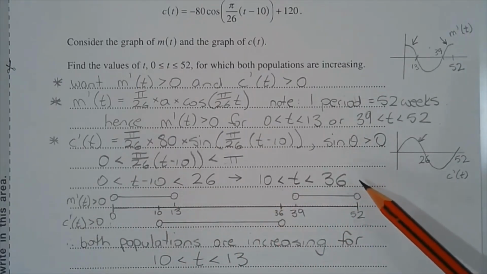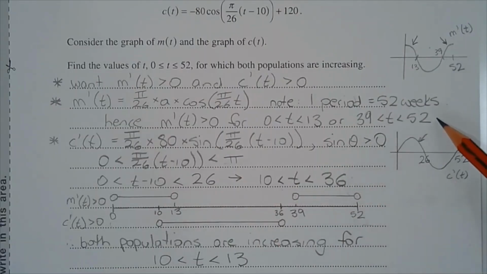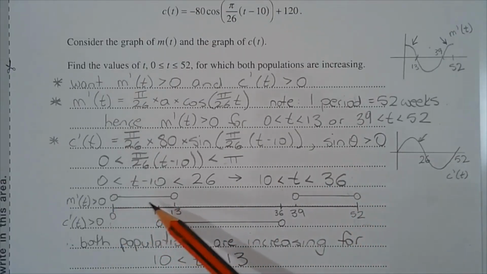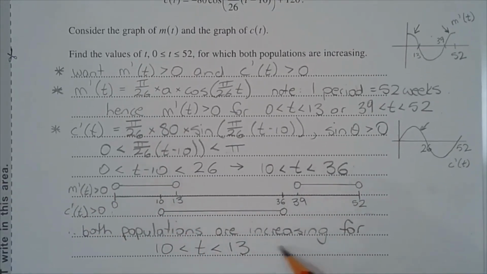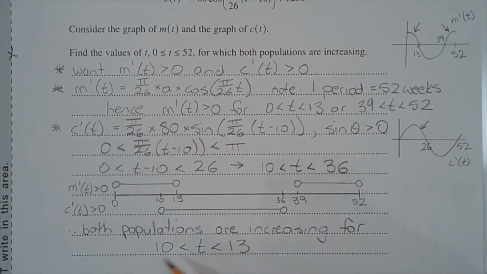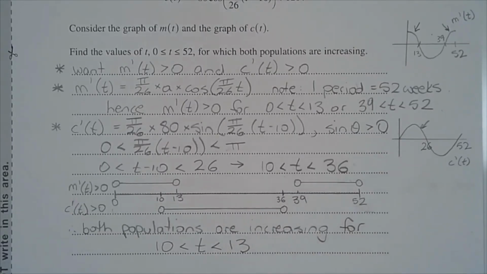And graphing both of these inequalities on a number line, we look for the part of the inequality that overlaps. So we can see that there's an overlap between m dash of t and c dash of t from 10 to 13 weeks. So therefore, both populations are increasing for t between 10 and 13 weeks.